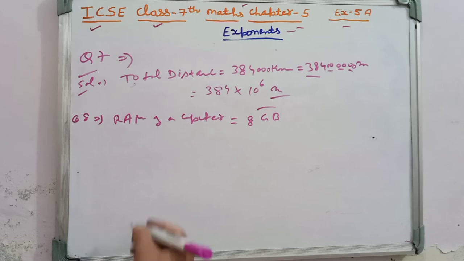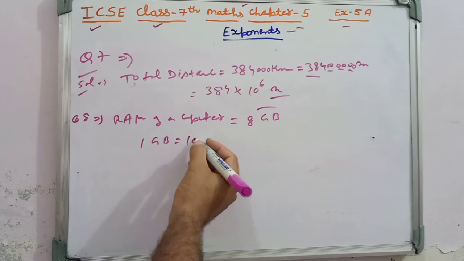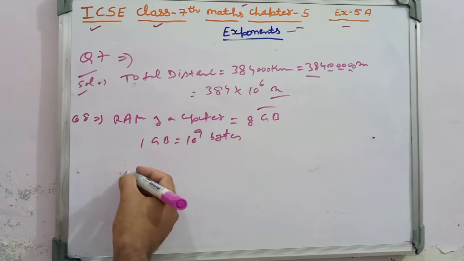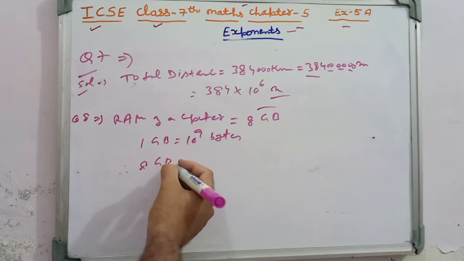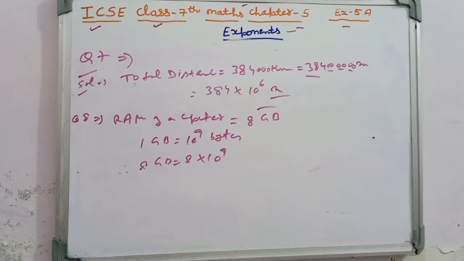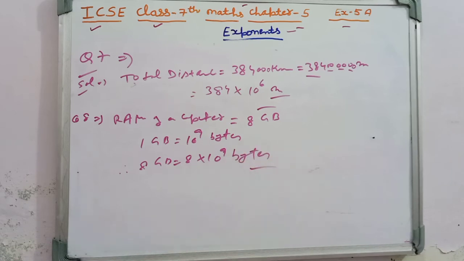Each gigabyte, 1 gigabyte is equal to 10 raised to power 9 bytes. Therefore 8 gigabytes is equal to 8 into 10 raised to power 9 bytes. This is in bytes.